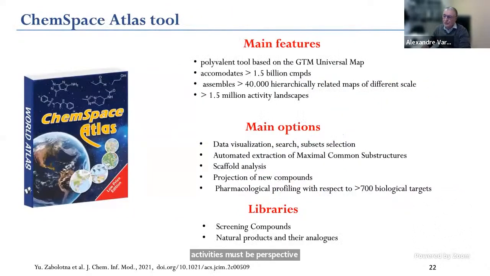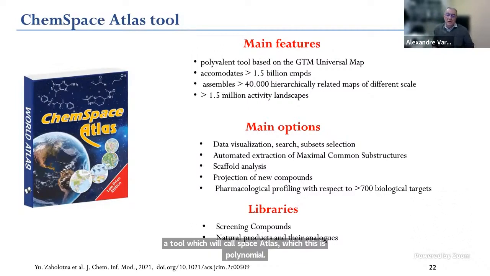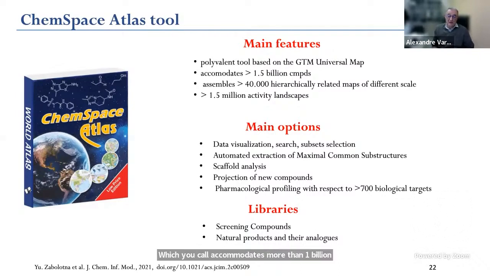So we use this universal map to prepare a tool which we call ChemSpace Atlas, which is a polyvalent tool, which accommodates more than 1 billion compounds and assembles more than 40,000 different maps and more than 1.5 million activity landscapes.